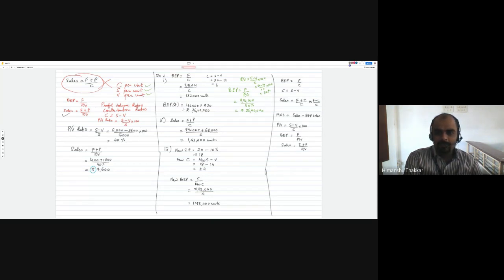It's a straightforward example. Okay, so we did so far the break-even basic formula. We have also done finding sales when the profit or loss is given to you. Then we saw the formula of margin of safety, that is sales minus BEP.